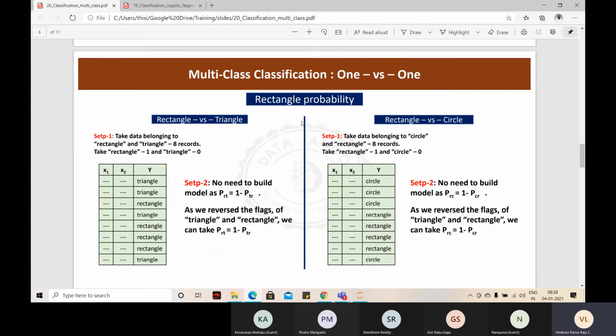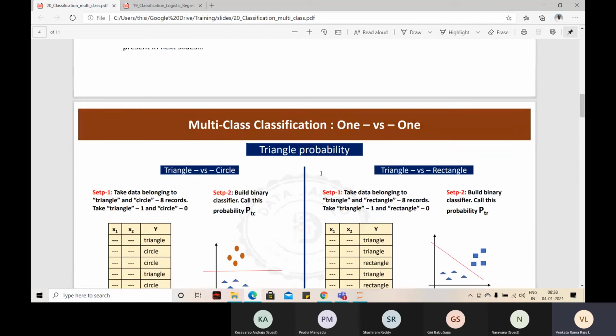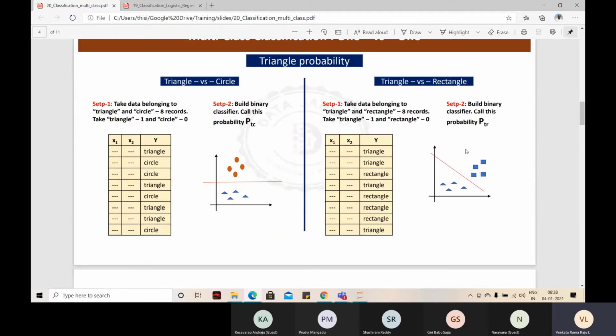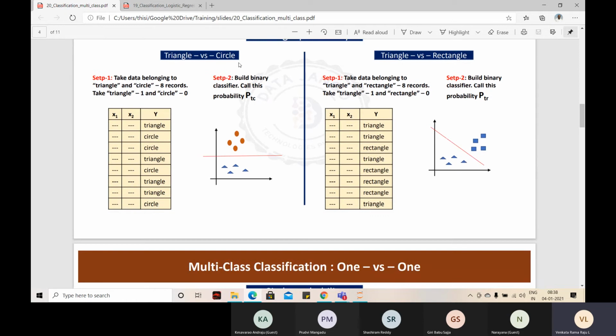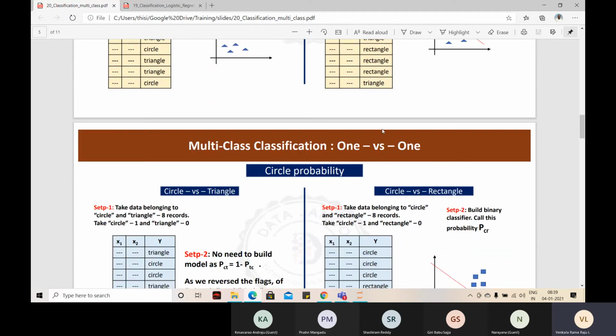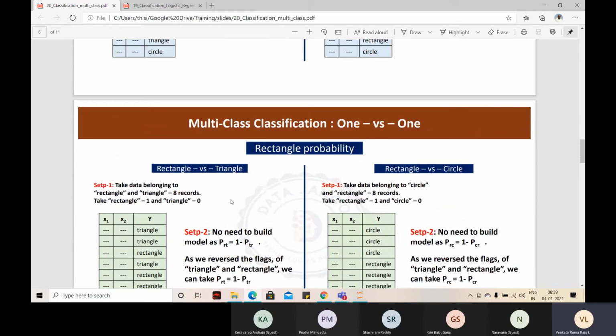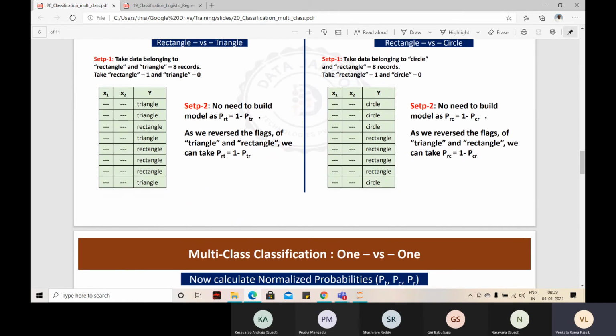So it is going to build n into n minus 1 by 2 number of models, where n is the number of distinct classes. If you see this here, 3 into 3 minus 1 by 2, 3 models it's going to build. Why 3? If you build triangle versus circle, no need to build circle versus triangle. Out of all 6, you can build 3 and use it like this.